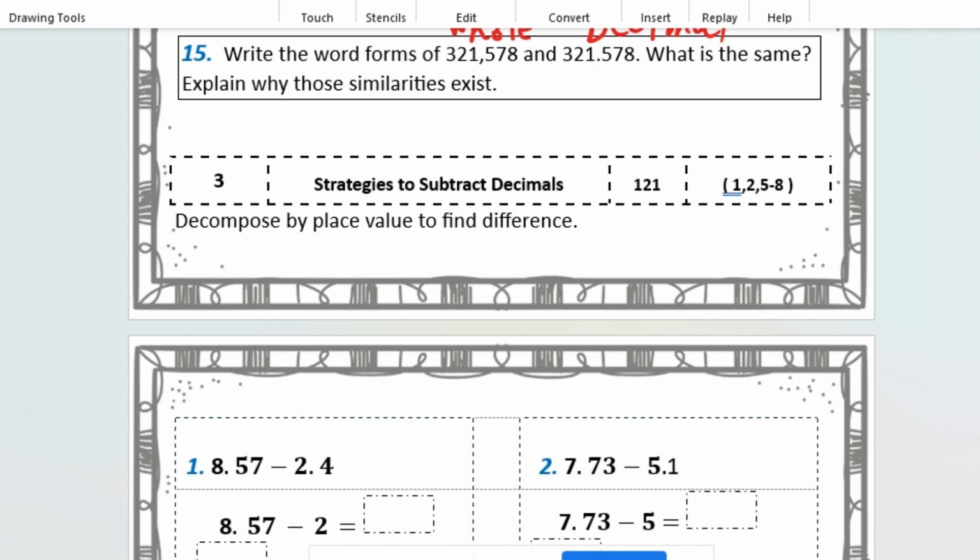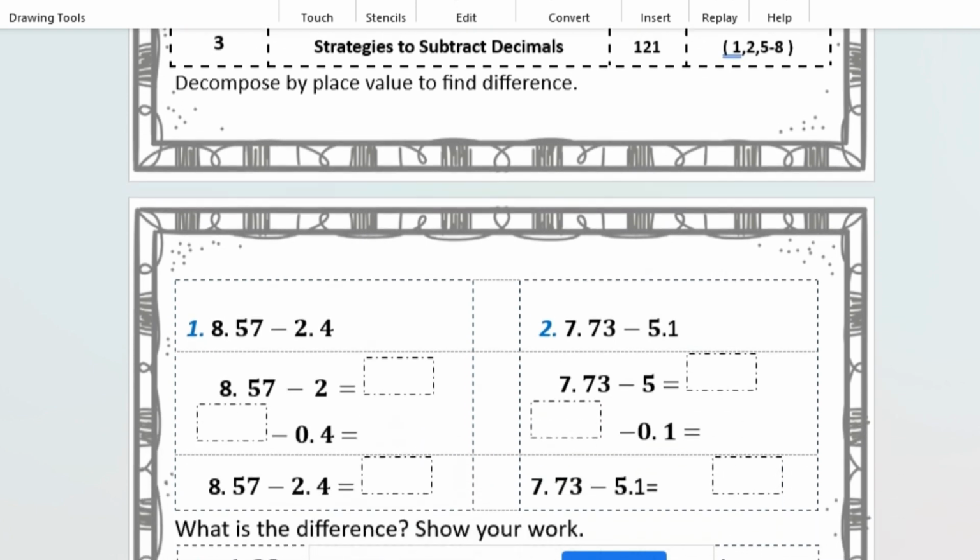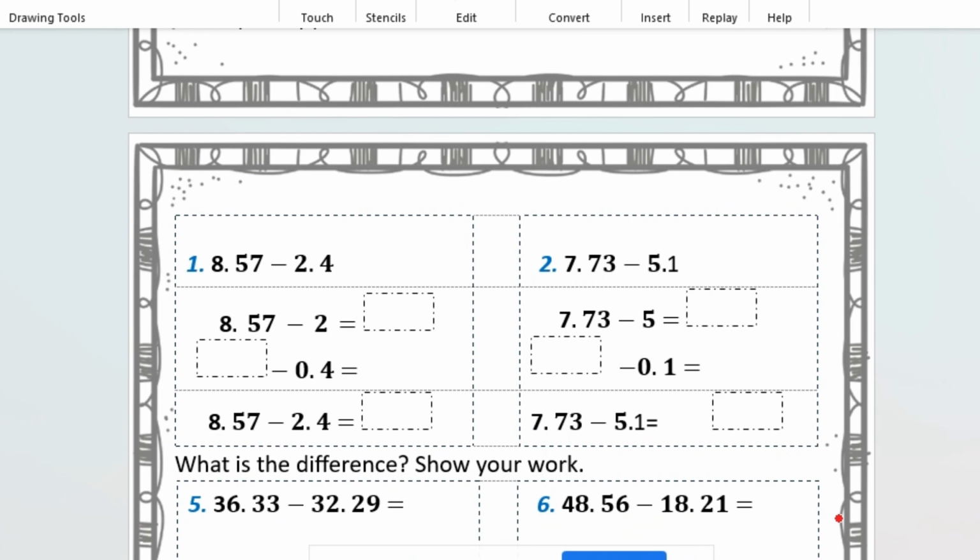Now here we are going to decompose by place value to find the difference. So we have 8 and 75 hundredths minus 2 and 4 tenths.